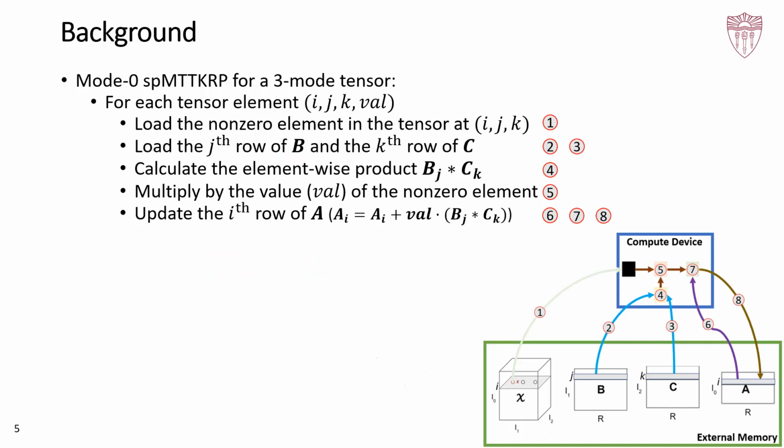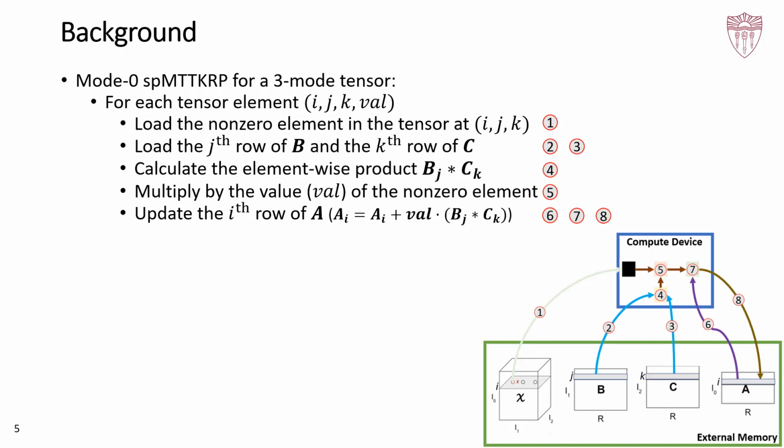In this example, I have shown the spMTTKRP operation for mode 0 of a 3D tensor. When we look at the computation, let's say we have the external memory and a compute device. First, we have to load a non-zero tensor element into the compute device.